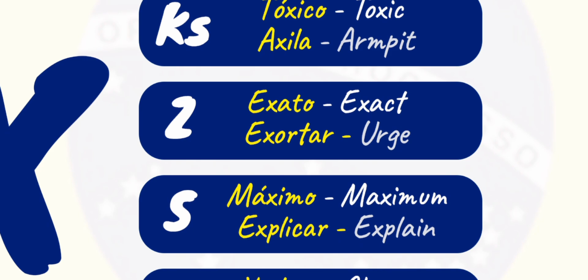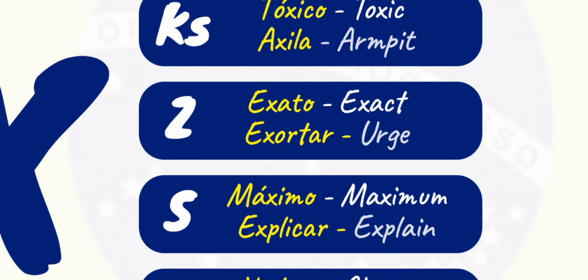So we have the X with sound of Z. The X has sound of Z when it is started by E. Every time you see a word that starts with E followed by X, there is a 99% chance that this word is pronounced like Z. Like in exato, exact.